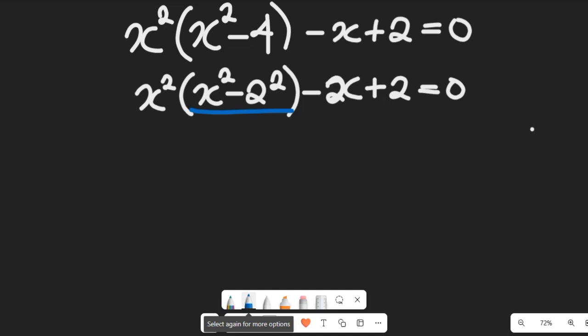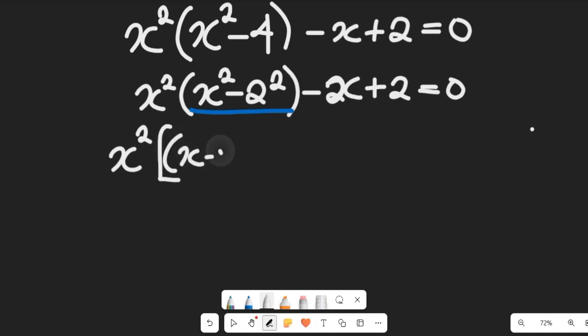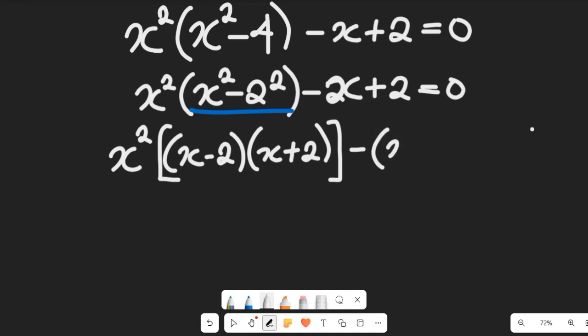So if I look at that and apply the difference of two squares, I'll have x to the power of 2 multiplied by (x minus 2), then (x plus 2), and then this is going to give me negative... what would that give me? That will give me negative (x minus 2). If I do it this way, this will be equal to 0.